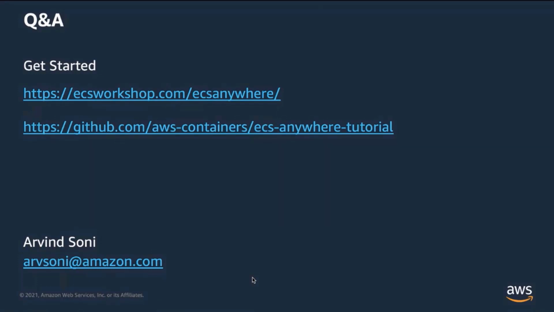They are covered in great detail. And if you want a much larger tutorial from end to end, like CI/CD and all the aspects of it, then there is a brilliant workshop created by my colleagues in the ProServe group, available at ecsworkshop.com. So with that, I think we can open it up for questions.